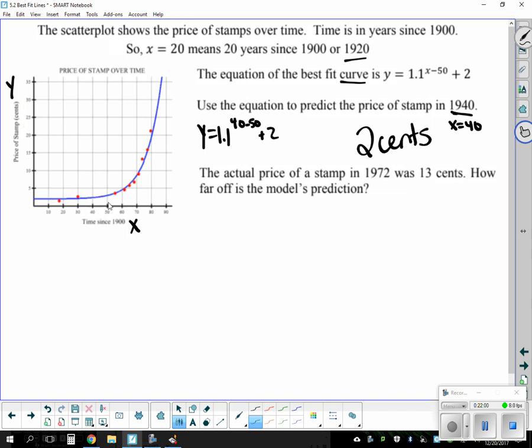So that's what we use scatter plots and best fit lines to do, is we use them to predict things. However, we can also compare that prediction to what something actually was and see if your model is a good model or a bad model. So in 1972, that X value would have been, how many years is that since 1900? 72 years. So now we're going to do Y equals 1.1 to the 72 minus 50 plus 2.